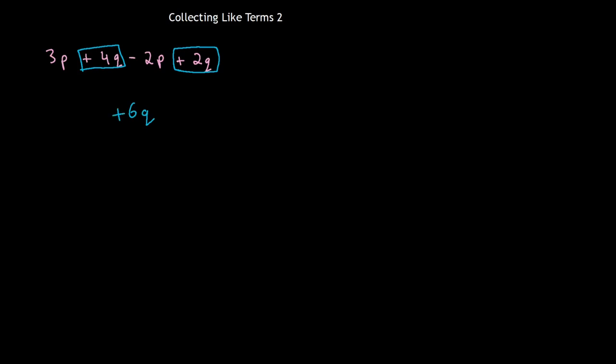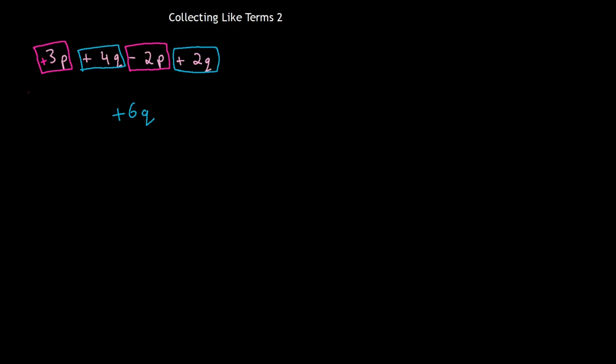Now, when we look at the p's, we know that this is a negative 2p, but how about this 3p here? If a term doesn't have a sign next to it, we always know for a fact that this is a positive 3p. You might ask, why? How do we know? Well, it's the same way normal numbers work.